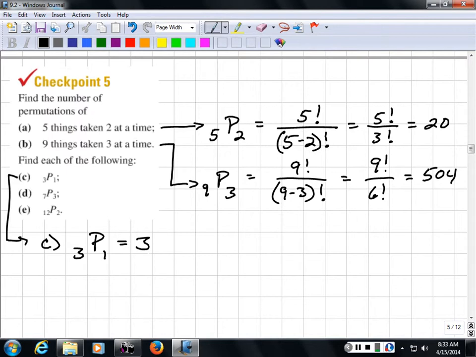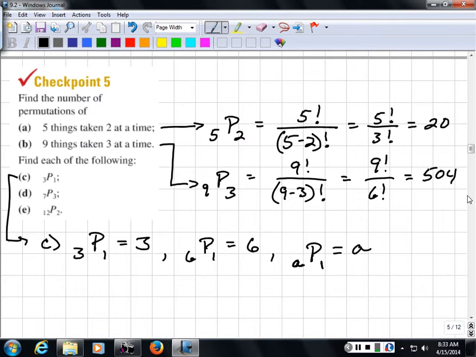For example, if we look at this, we have 6P1, that's going to be equal to 6. What would AP1 be? There you go. See how cool that is?